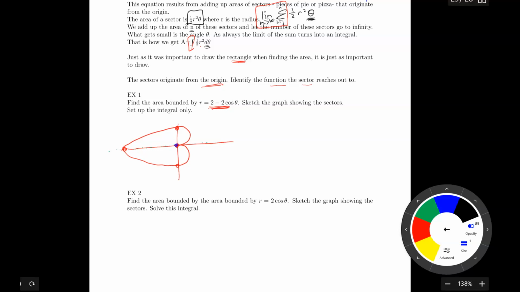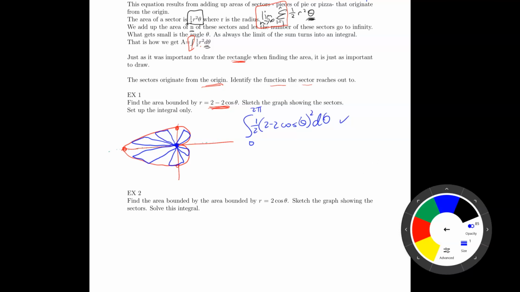Now I want to draw some sectors that show I'm finding the area bounded. Sectors start from the origin, and they look like this, right? I'm going to have to go all the way around. I'm just going to draw a few of them. This one is going to go all the way around, 0 to 2 pi. So the integral from 0 to 2 pi of 1/2 r squared d theta. Okay, that's a correct answer.